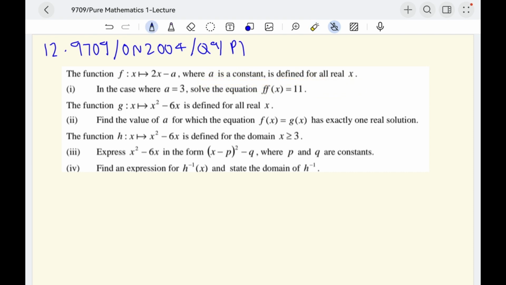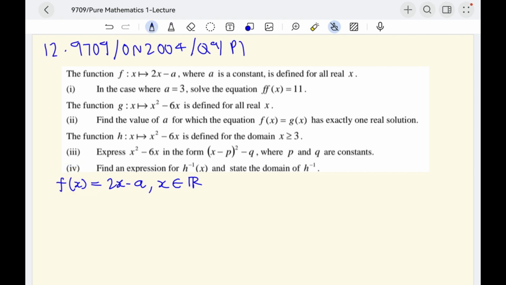So let's rewrite the function f into the expression with equal sign, which is f(x) equals 2x minus a, where a is a constant, as long as your domain is all real numbers. You will spot that this function f is actually a linear function.